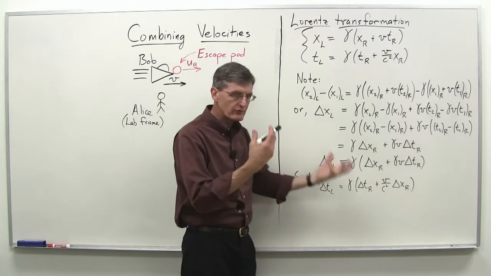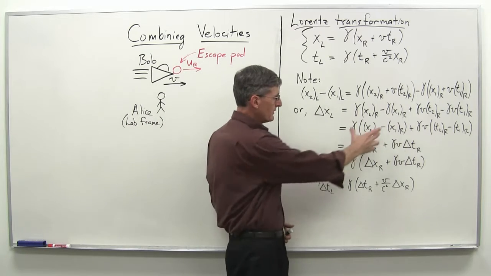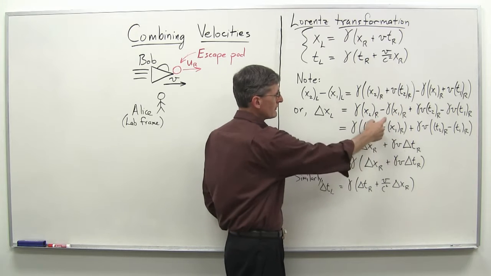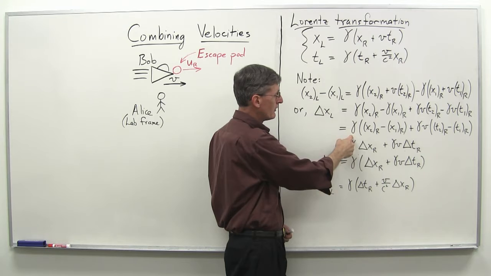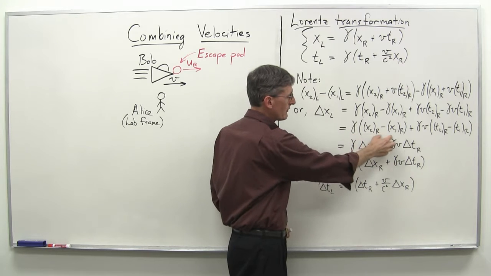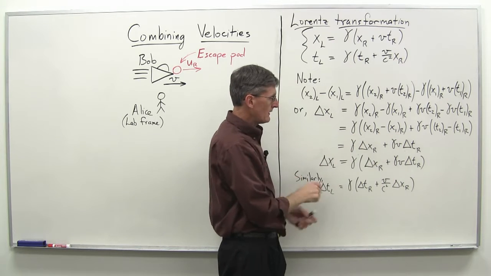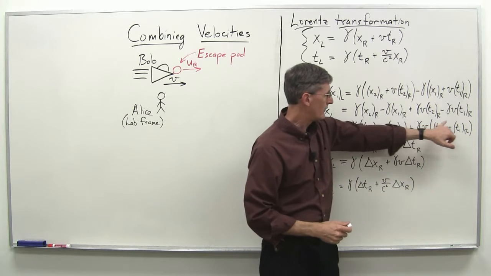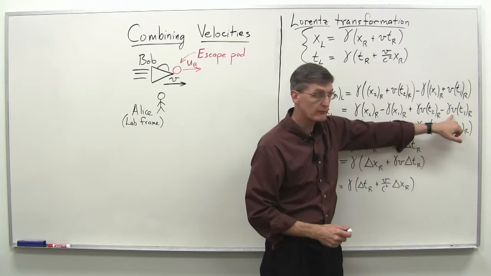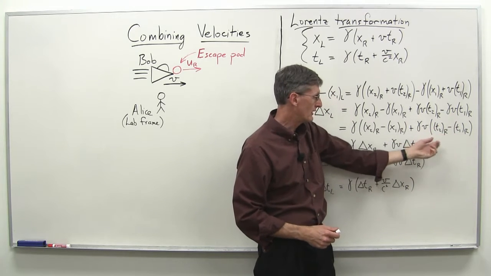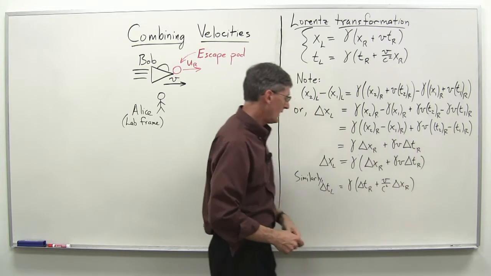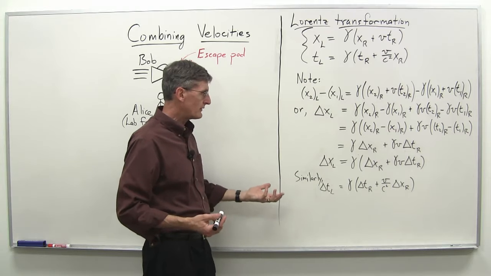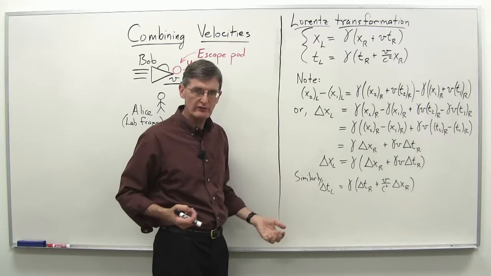Then just simplifying some algebra, for these two terms we've got a gamma in both of them, so we'll bring the gamma out and call this gamma times x2 sub r minus x1 sub r. And similarly, I've got a gamma v here and a gamma v here, so pull those both out, and I'm just left with t2 sub r minus t1 sub r. And then I note, that's our delta notation that we've used before.